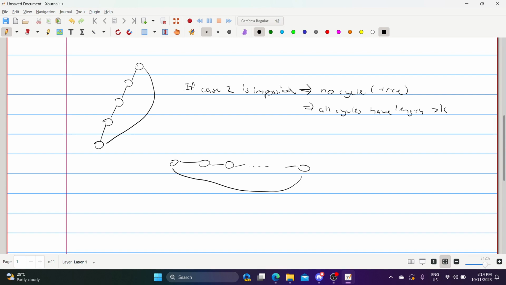If a cycle is the smallest possible, then there cannot be edges in between, otherwise it will form a smaller cycle.